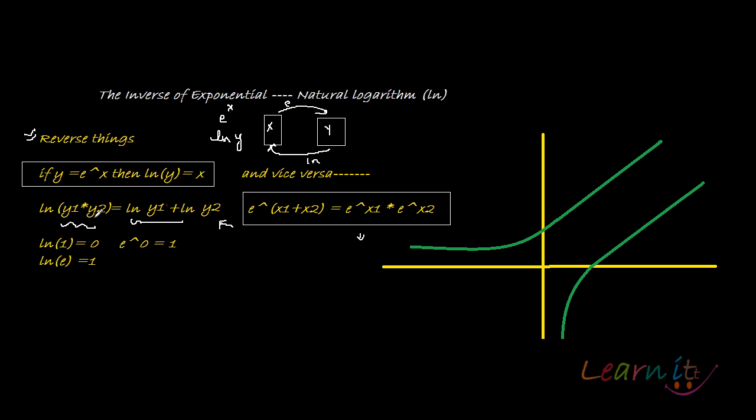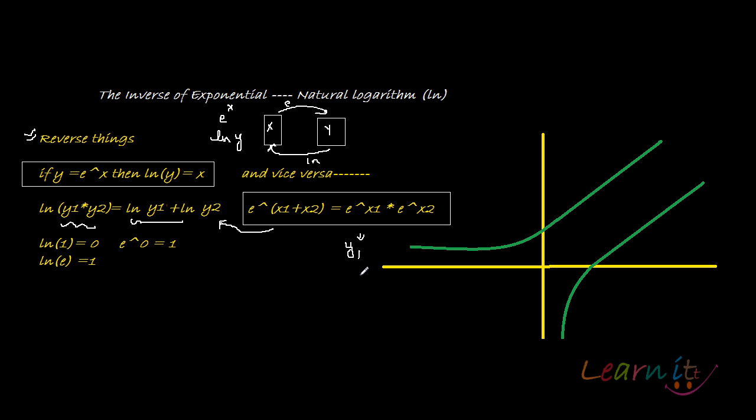So, ln(y1 y2) equals ln y1 plus ln y2. Now, this is coming directly from the property of exponential, which says that e to the power (x1 plus x2) equals e to the power x1 into e to the power x2. Now, how? I will just show you that.